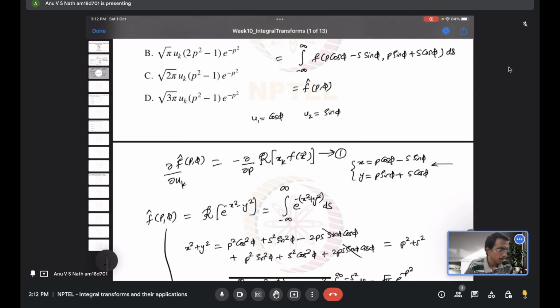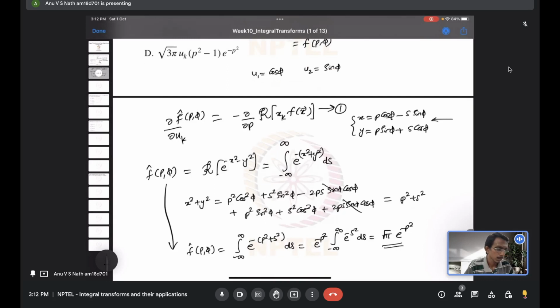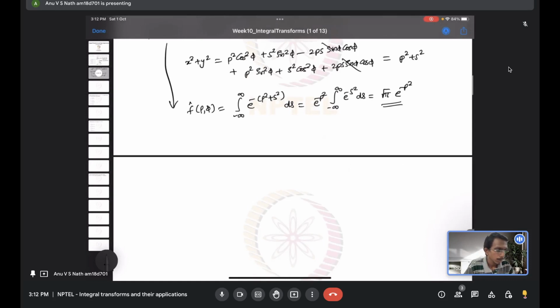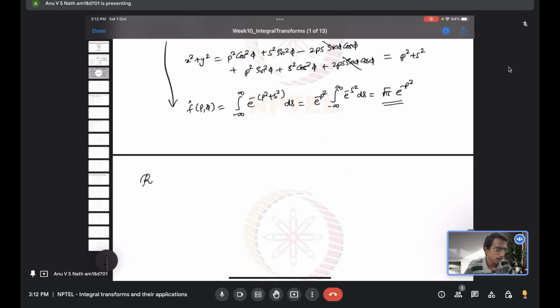In that, we don't just want the Radon transform of the function f, but we want the Radon transform of xk times f of x, if you see the right hand side. For k equal to 1 we want the Radon transform of x1, which is just x, times the function, exponential of minus x square minus y square.